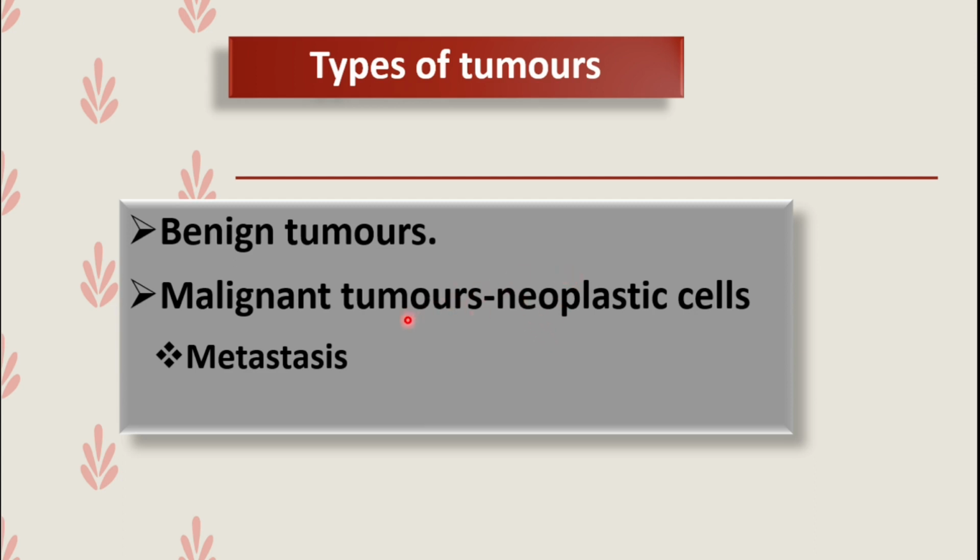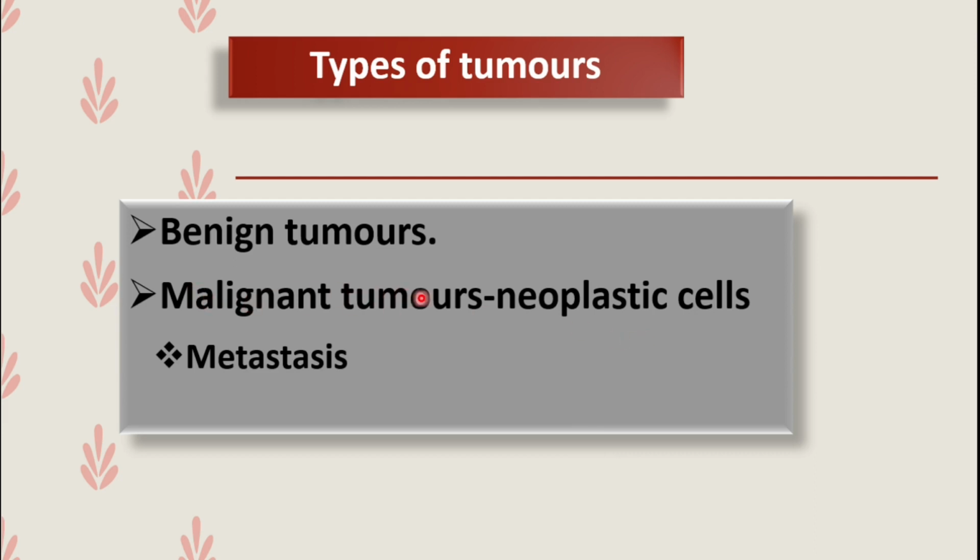For example, suppose there are neoplastic cells in the stomach. From the stomach, through the bloodstream, they can reach the liver, and on reaching the liver, they can start forming secondary tumors. So from a primary tumor in the stomach, it is now reaching a liver cell, forming secondary tumors. From there it can reach another site, forming tertiary tumors.